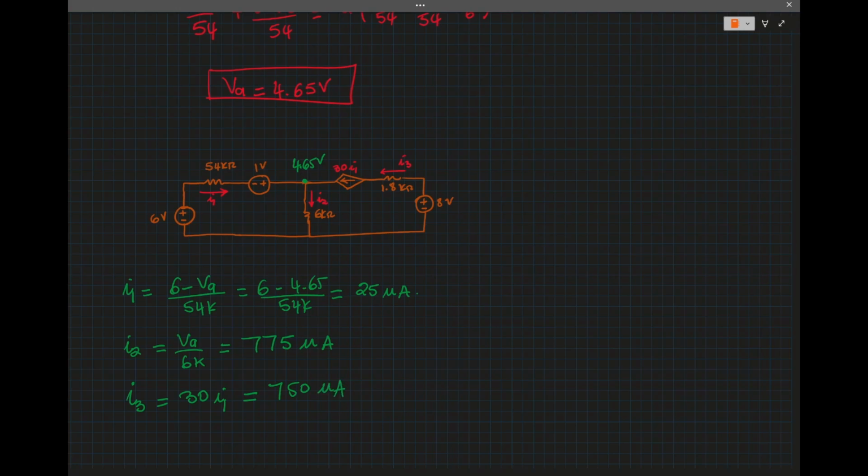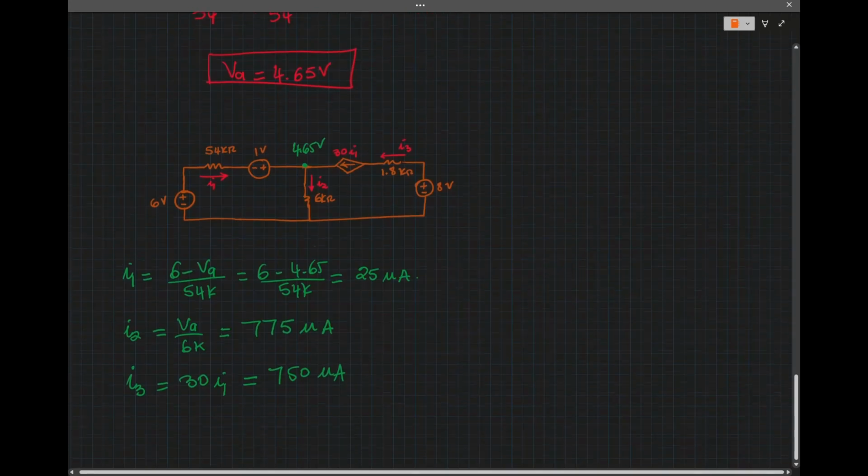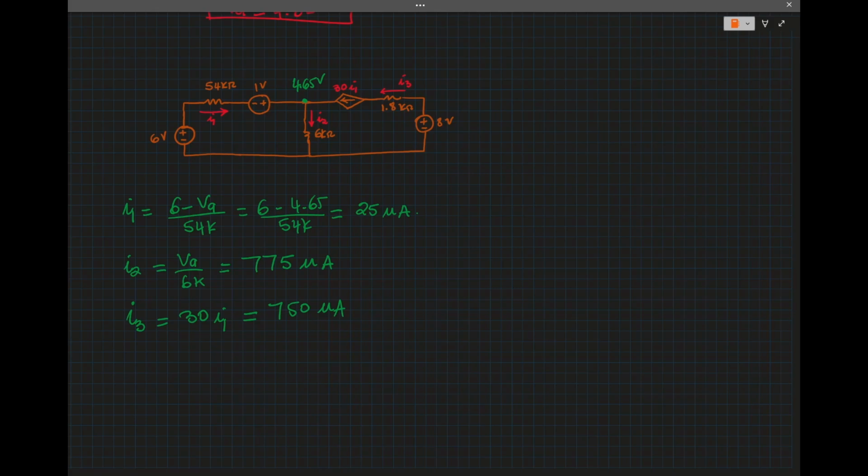Okay, so now we know all the currents in all the branches.